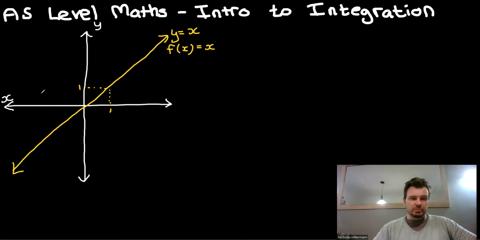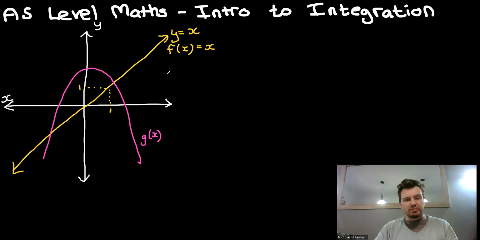So if you were to have two graphs on the same plane, say you wanted a graph like that, then this could be g of x. So that's why we label things f of x rather than just y. When you first started maths, we had y. Now we're looking at f of x and g of x.